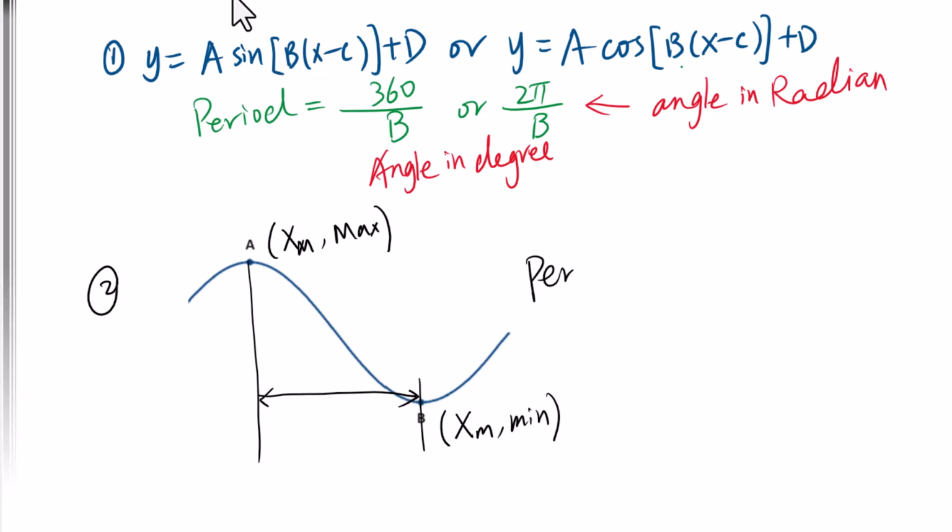Then the period equals 2 times the absolute value of the x coordinate at the maximum point minus the x coordinate at the minimum point. In other words, period is double the horizontal distance between two consecutive maximum and minimum points.